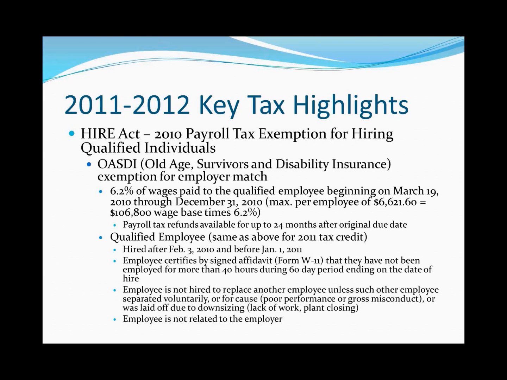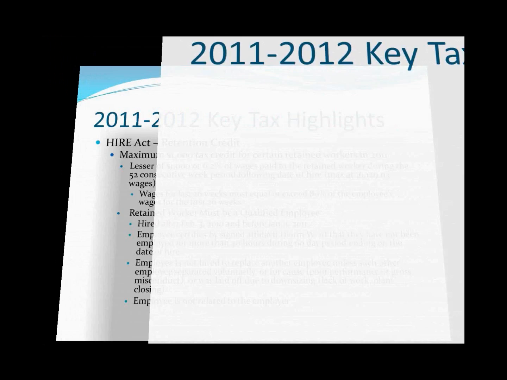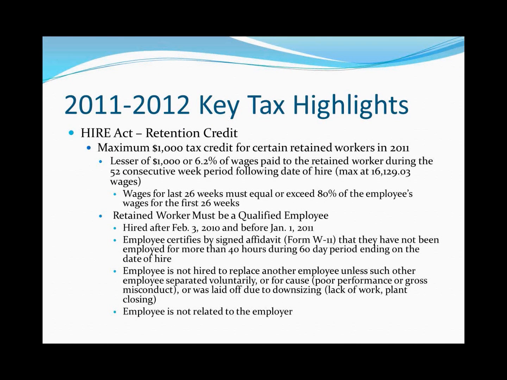And the last point I want to make on this slide is, if for some reason you had an employee that qualified and you failed to take advantage of this payroll tax exemption, you do have the ability to amend payroll tax returns for up to 24 months. So there may be an opportunity to go back and amend the return and get some of those employer-paid FICA taxes back. Now if I go back to this slide, this talks about the retention credit.